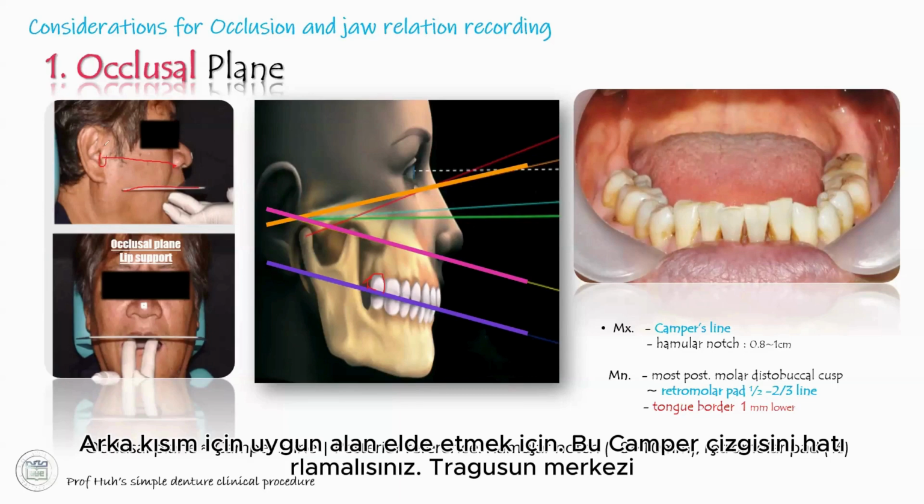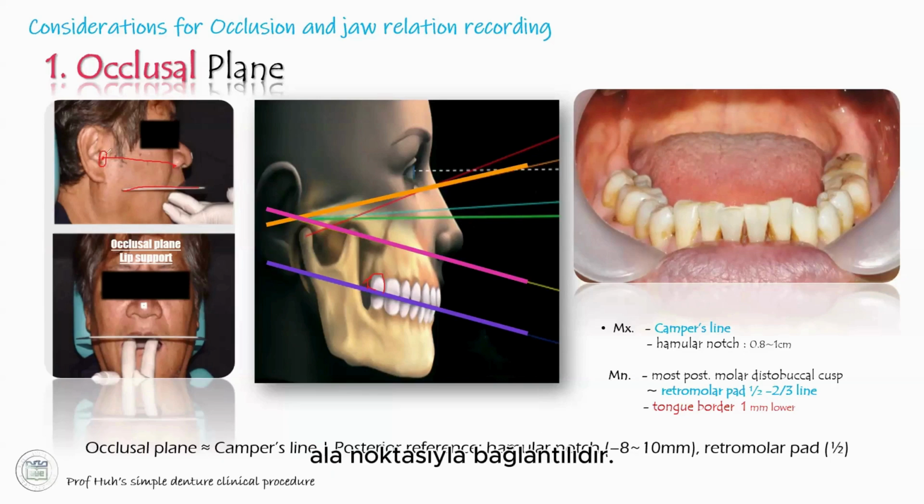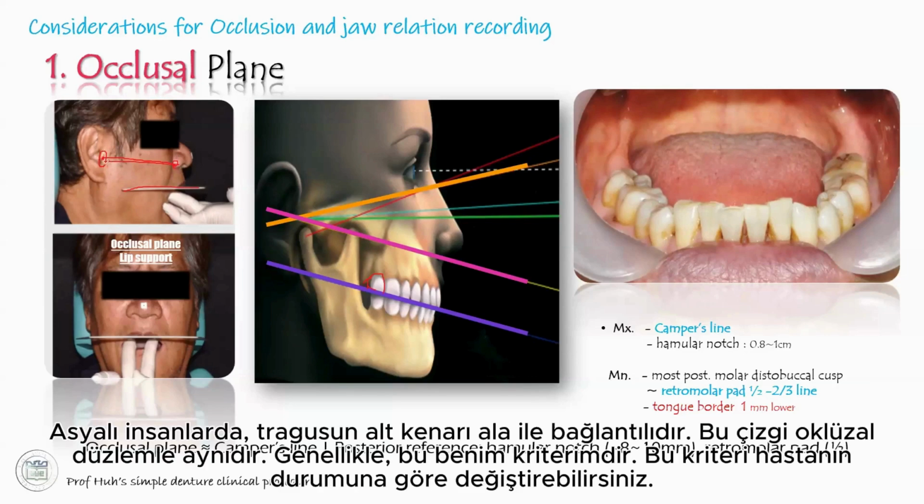This is the tragus. In Asian people, the lower border of the tragus is connected to the ala, so this line is the same as the occlusal plane. Generally, that is my criteria, but you can change it to compensate for the patient's condition, okay?